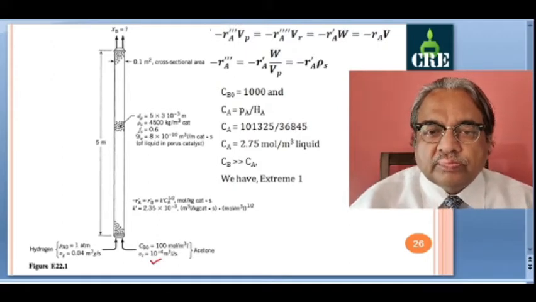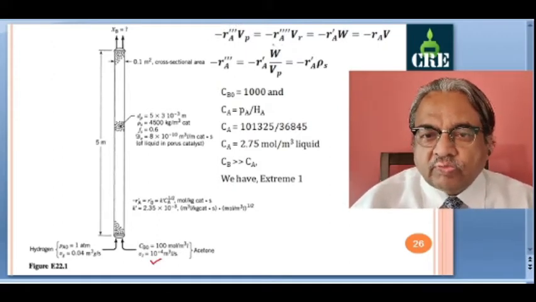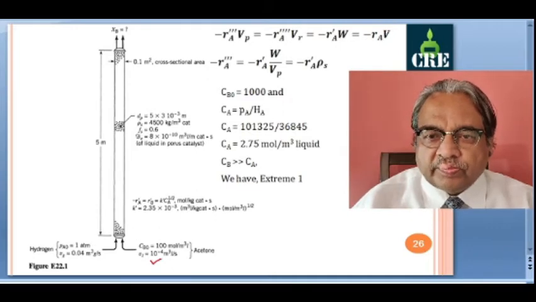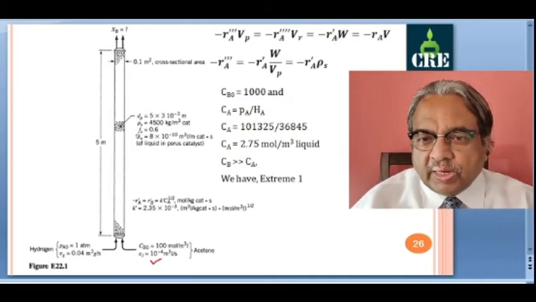Now we have our rate equation in this form, minus Ra 4 times prime, based on volume of the reactor. So we know the relationships: minus Ra triple prime into volume of catalyst pellet or volume of solids, minus Ra 4 times prime into Vr, minus Ra prime into weight of catalyst, that is equal to minus Ra into V. So we have been provided with k prime, or the rate is written as minus Ra prime.